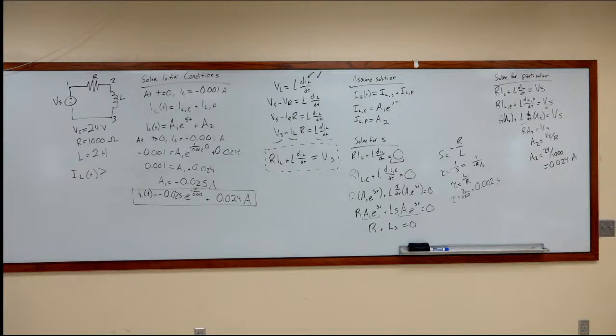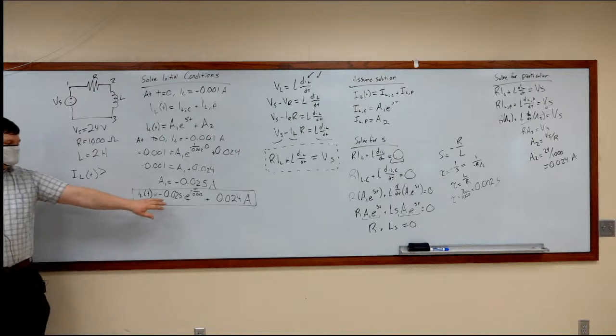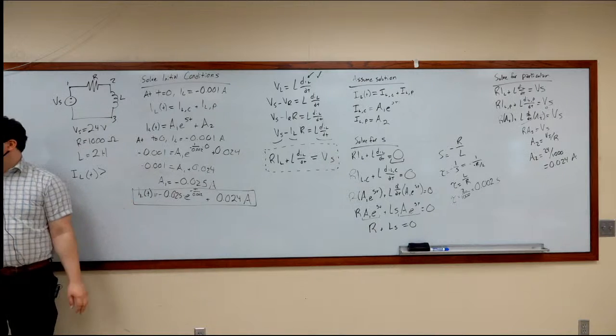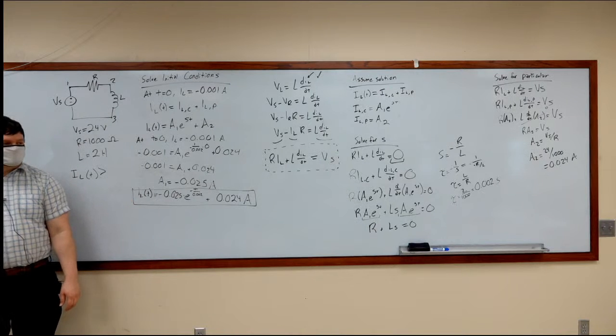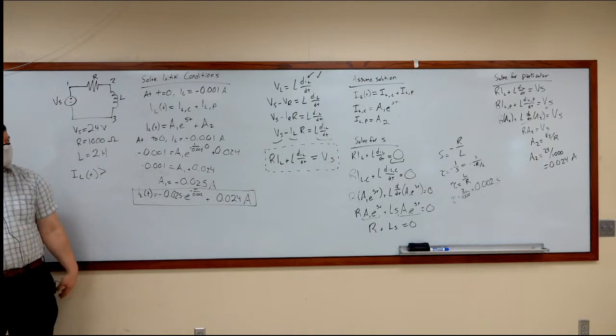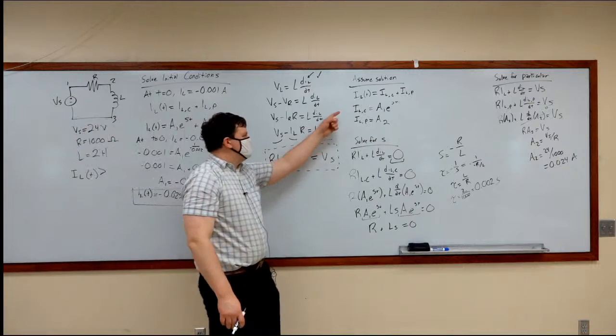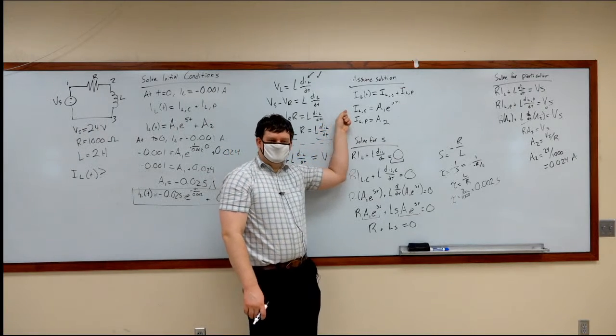Why isn't it 0? Why isn't it 1? What does this value mean? What does this actually mean? Now, hold on. To answer that question, what is this right here?